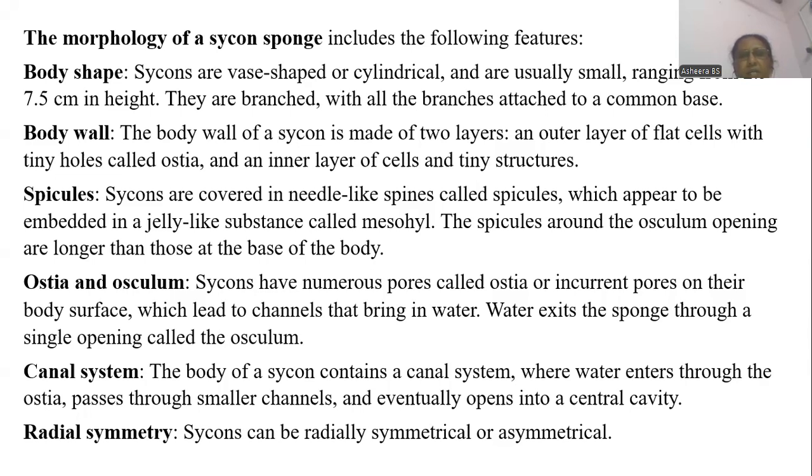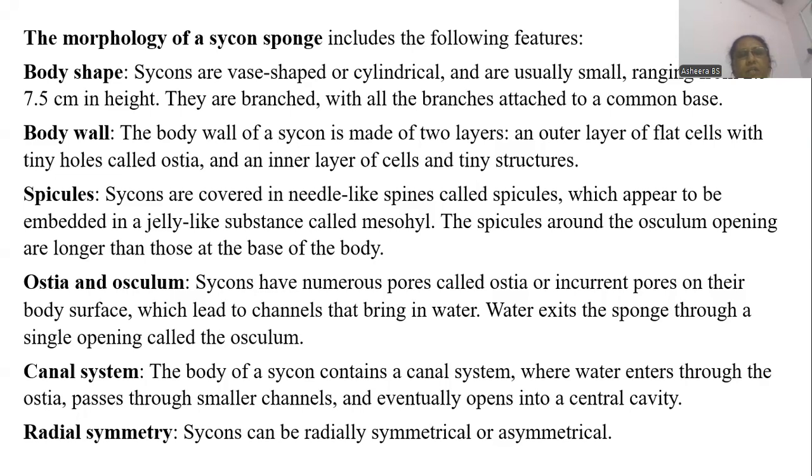And some of the spicules, as I told you, are monoaxon spicules surrounding the osculum, which are also called the oscular fringe. They are a little bit longer compared to the other body spicules. Then on the body of the Sycon, you'll find many number of pores, which are also called the ostia or the incurrent pores. These pores lead into the channels.